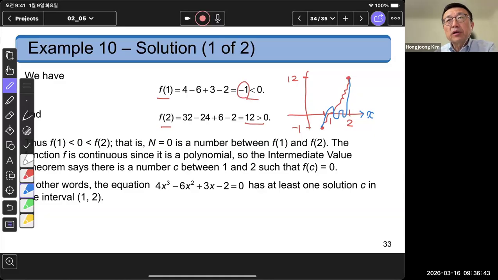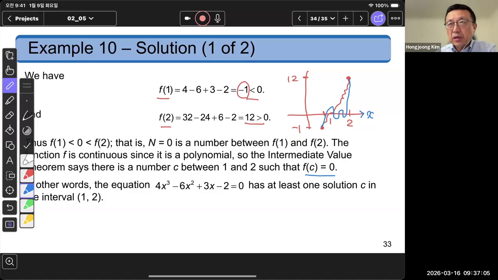Each intersection is a point where the value of the function is 0, so each intersection is a solution of this problem, right? And this existence is guaranteed by the intermediate value theorem, right?